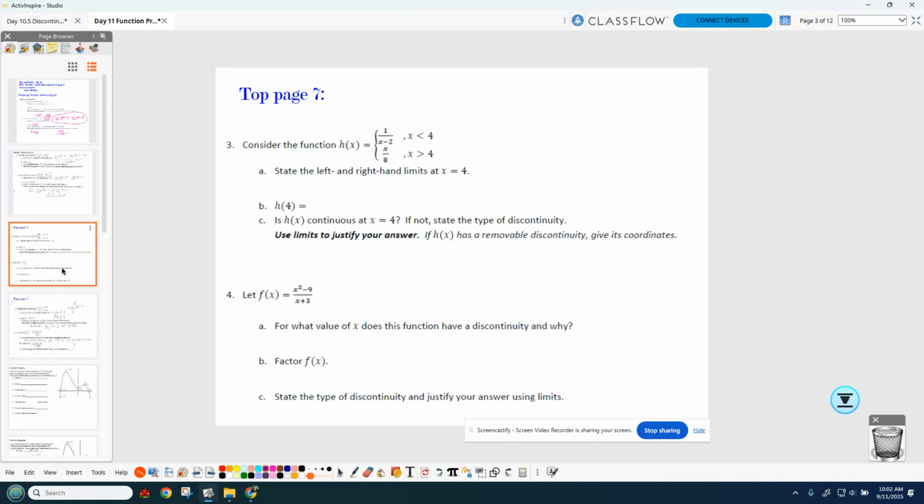Continuous is like you can continue it without lifting up your pencil, right? So wouldn't it not be continuous because you have to do one half on the left and the right? Yeah, I don't know.